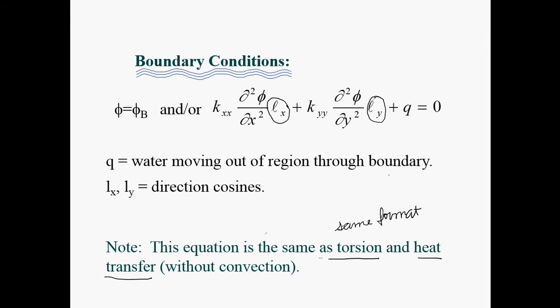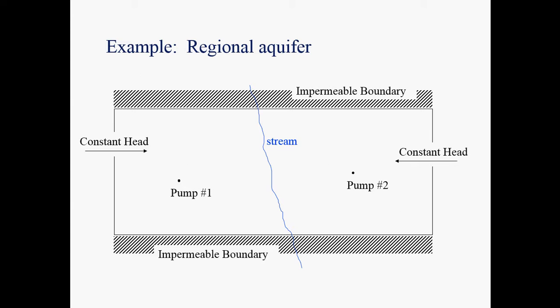Okay, let's keep going here. If we have a situation where you have an example like this, for example, you have an aquifer here, where you have a stream. Do you see it in there?